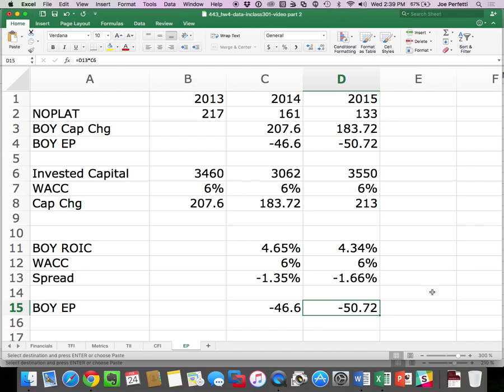Okay. So, this company has a negative spread. This company, for both years, is destroying value. Right? Because for both years, it's not making its 6% WACC. Let me ask a second question. Does that mean this company is going bankrupt?